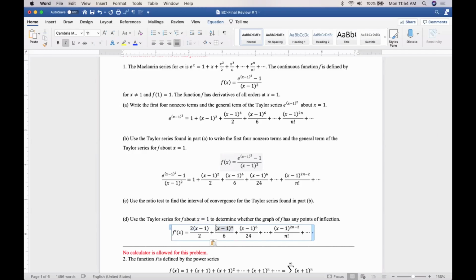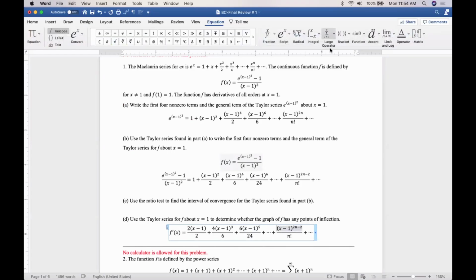How about this derivative? 4 times x minus 1. Oops, I'm sorry, 3, right? And then 6 times 5. And over here, you're going to have to put parentheses, and you say it's 2n.